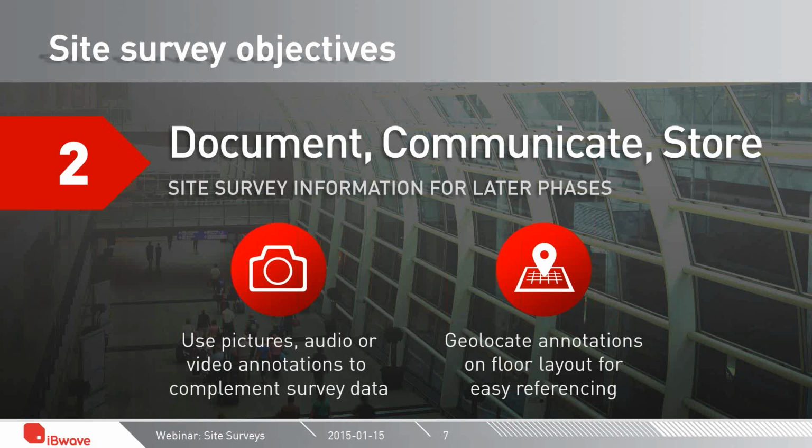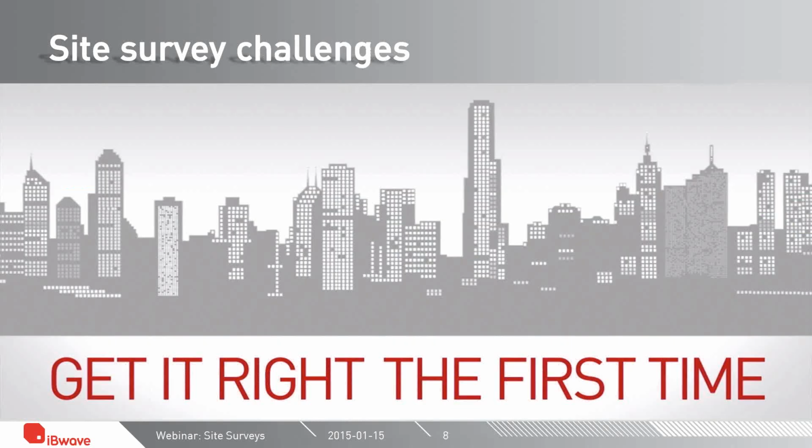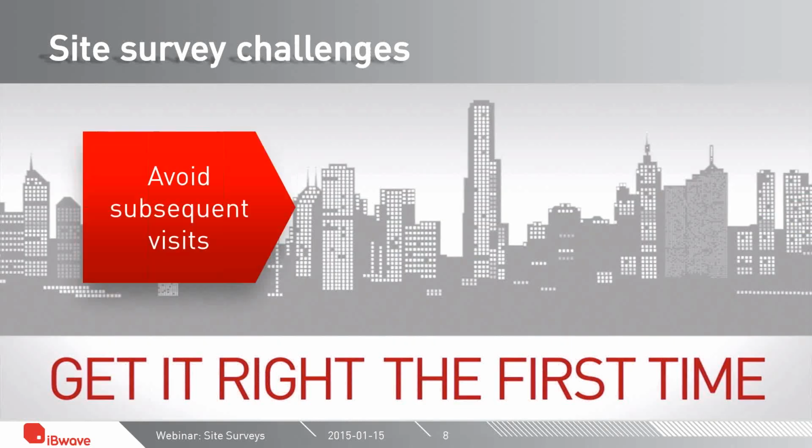And these would all be linked to those data points that we call annotations. So it would be important to geolocate these annotations against a floor layout so that they can be easily located by the designers or the installers later down the line. So those would be the two key, at a very high level, objectives for the site survey.